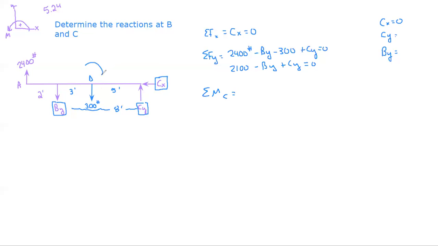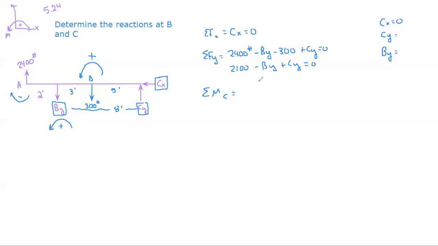Point D is going to cause a rotation about C in the counterclockwise direction, which is positive. Point B is also a player, also causing a counterclockwise rotation about point C, so that's positive. And point A is a player. It causes a rotation in the clockwise direction, which is negative.